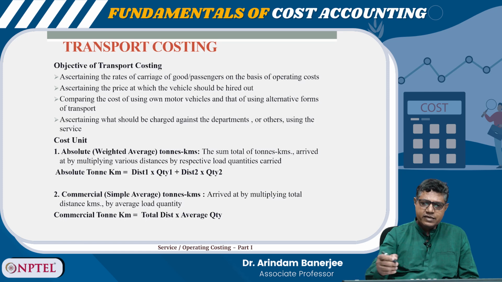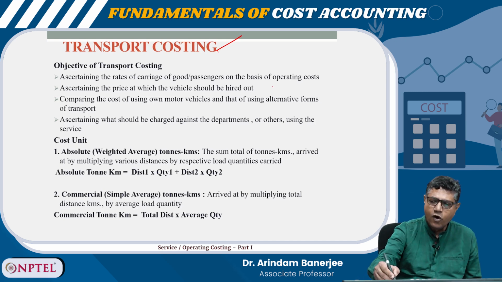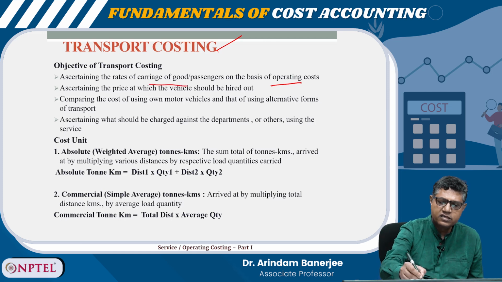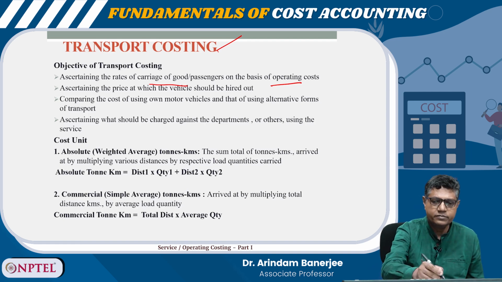Now we are taking first the case of transport costing. What is the objective of transport costing? The objective of transport costing is ascertaining the rates of carriage of goods or passengers on the basis of operating costs, because the business of a transport service is the carriage of goods and passengers. So, it needs to charge the passengers or the people who are transporting goods, and for that they should know what the operating cost is. Another objective is ascertaining the price at which the vehicle should be hired out.